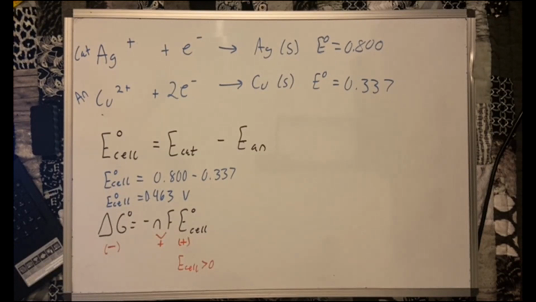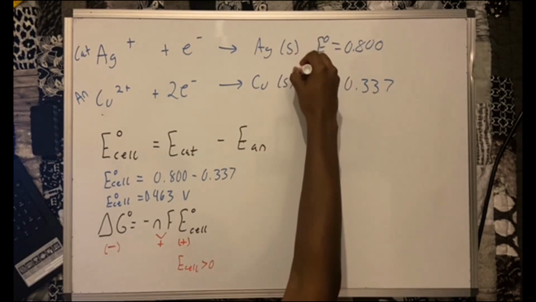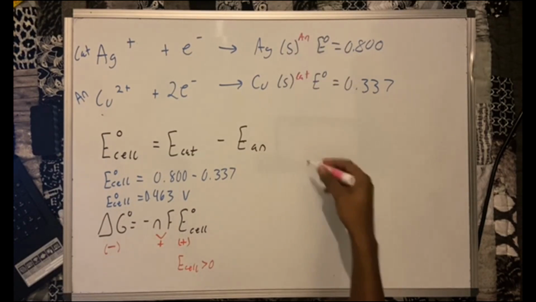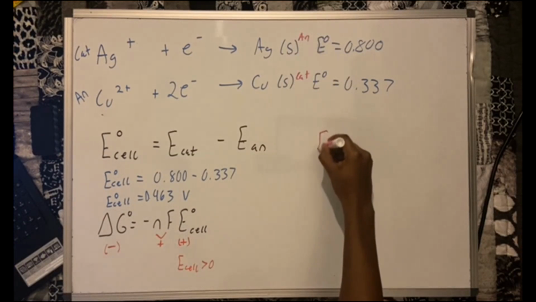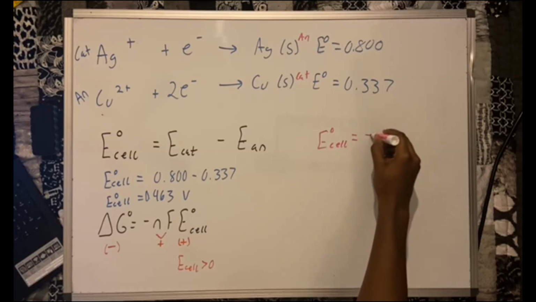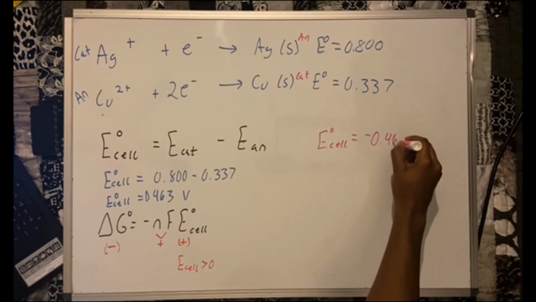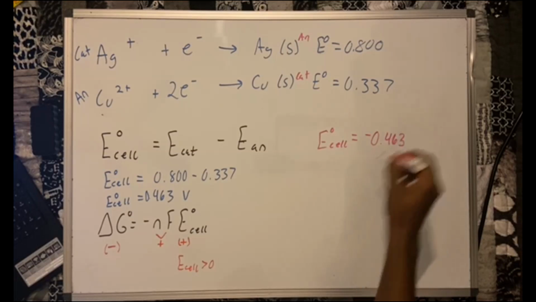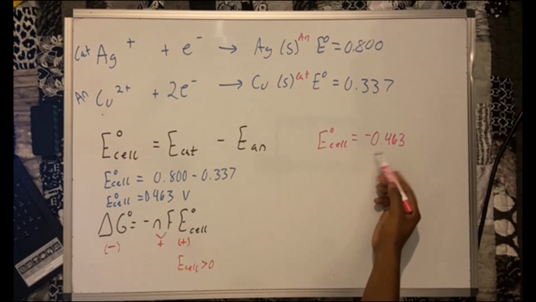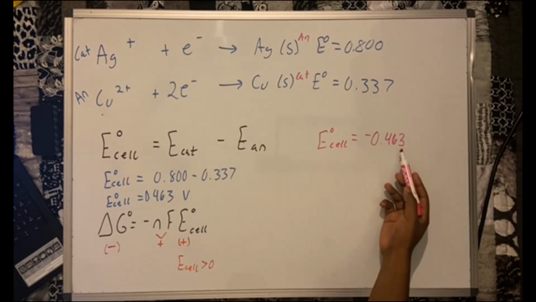No. Another thing you could do is just guess, like, oh, I'm going to guess that this one is the cathode and this one's the anode. And then when you do your math, you'll get Eocell naught is negative 0.463. And be like, oh wait, I want the positive one, because I need the cell that's going to be spontaneous, so I need the other one.